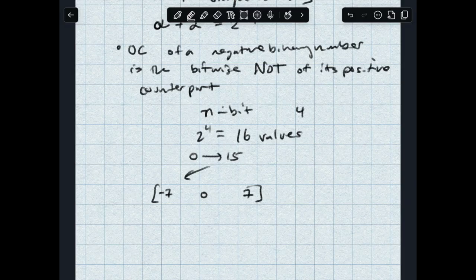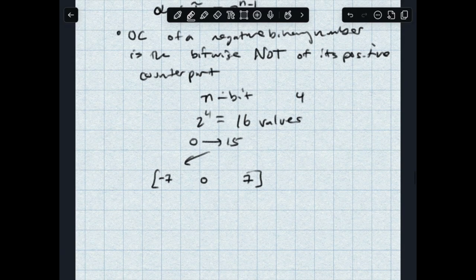Okay, so the way that we would do this is we take a positive value, and let's say, for example, I've got +7 base 10. In binary, well, let's use 5 bits just for grins and giggles. In binary, that's 0, 0, 1, 1, 1, base 2.